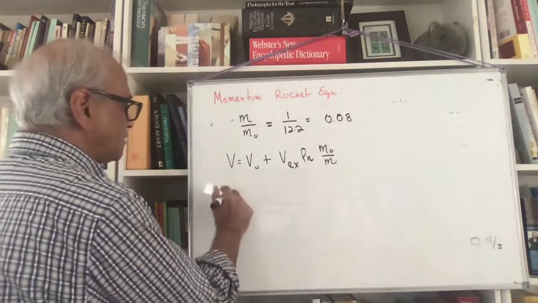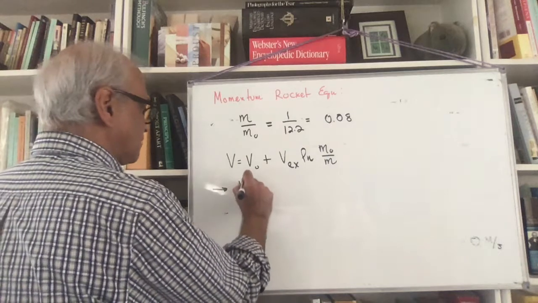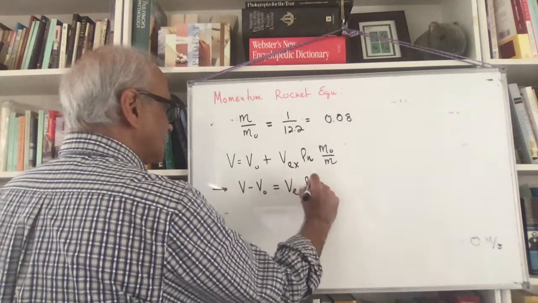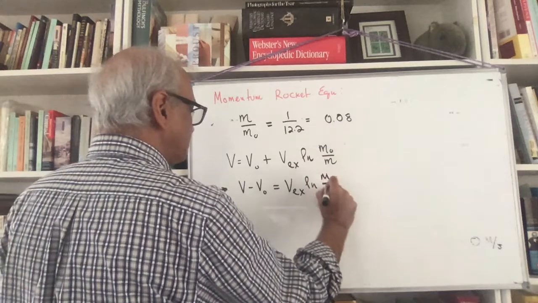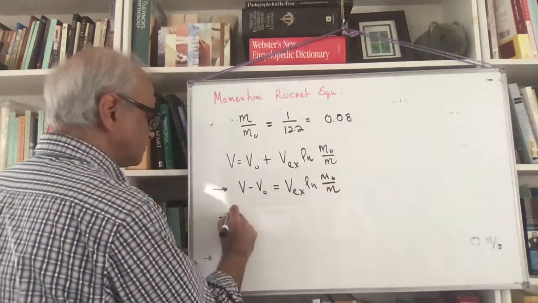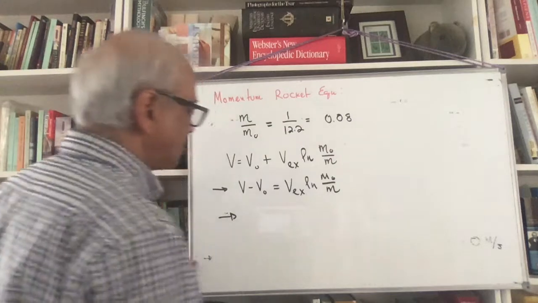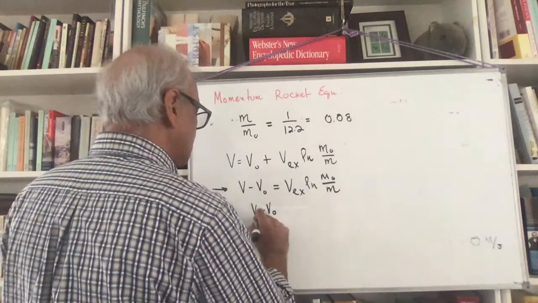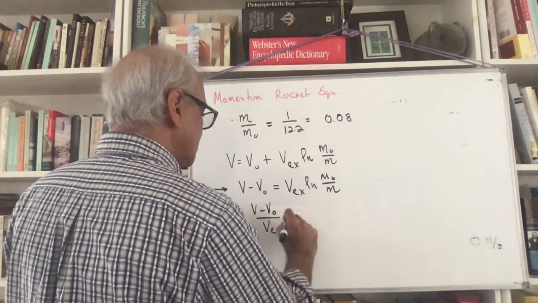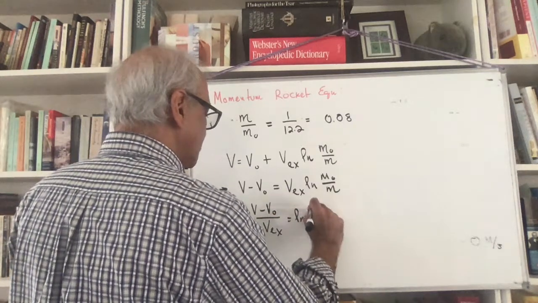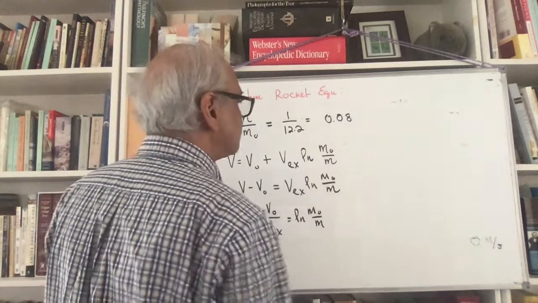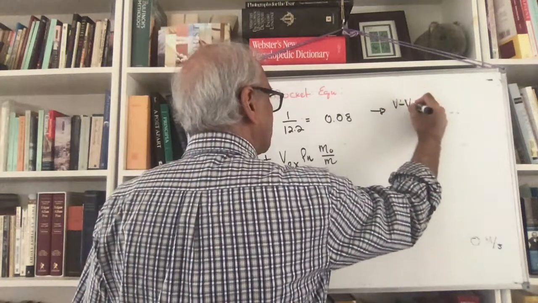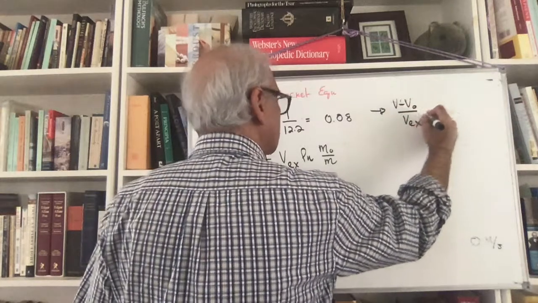And you can also write it as V minus V naught equals VEX log of m naught over m, or V minus V naught over VEX equals log of m naught over m.